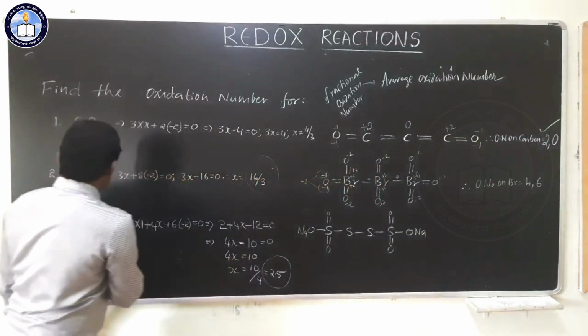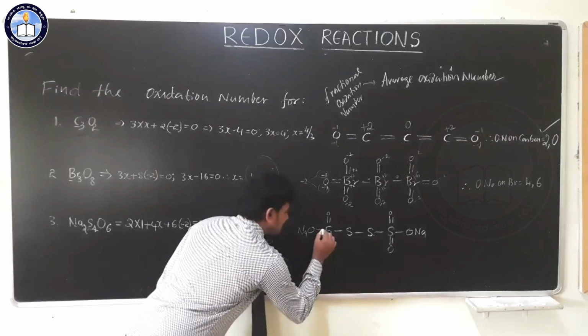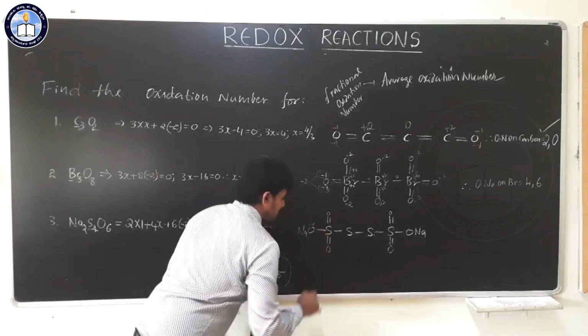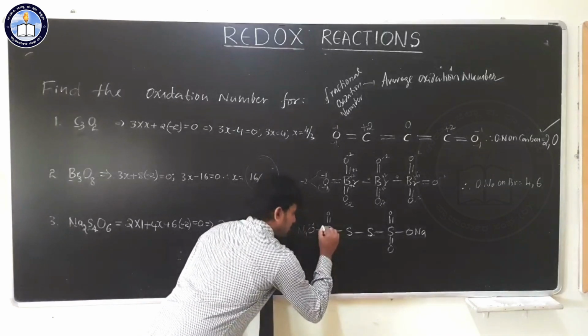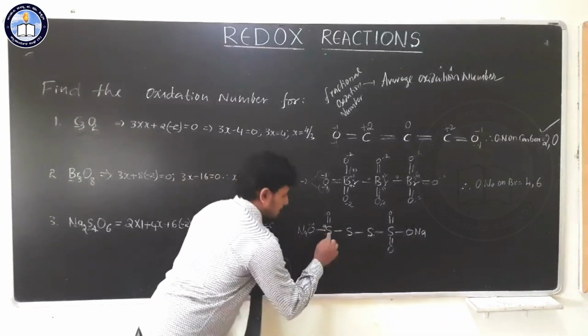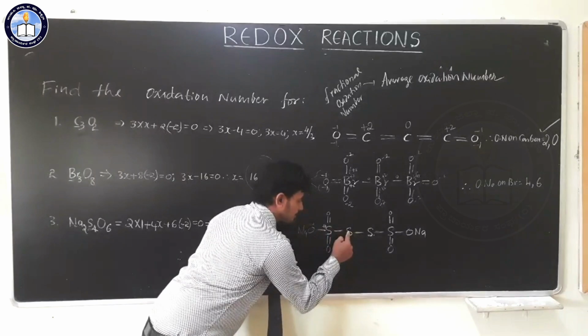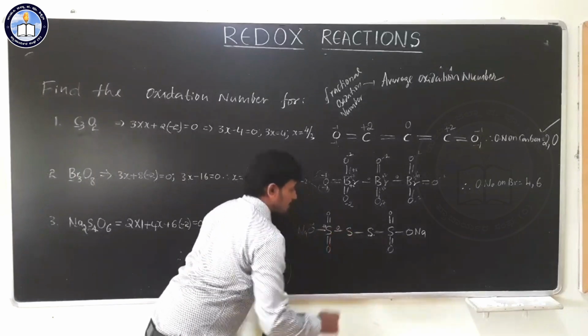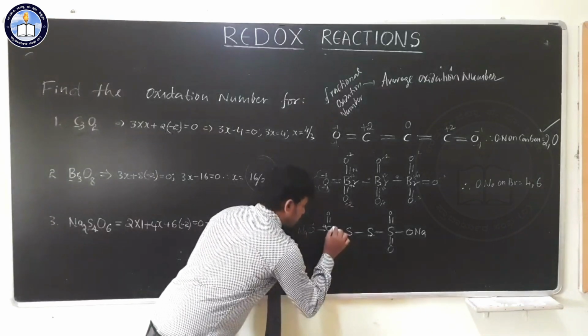So we need to find the oxidation number for sulfur. Please find out. For this it is -1, which means for this sulfur it is +1. Sulfur formed a bond with another sulfur, therefore it is taken as 0. So here the oxidation number is 0.